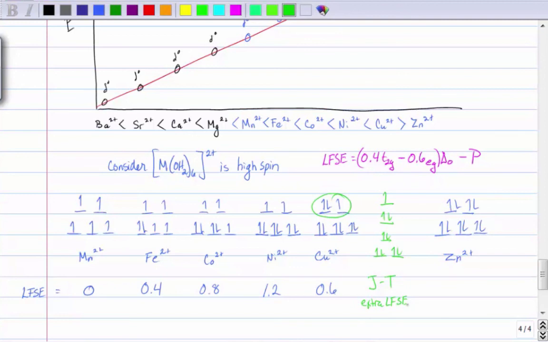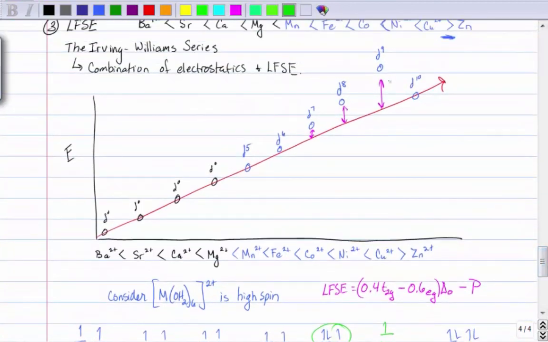You don't need to calculate it. You just need to recognize that Jahn-Teller is responsible for this. So this difference here is from ligand field stabilization energy, but the extra difference between a d8 and a d9, you wouldn't be able to predict if you were looking at an octahedral complex.